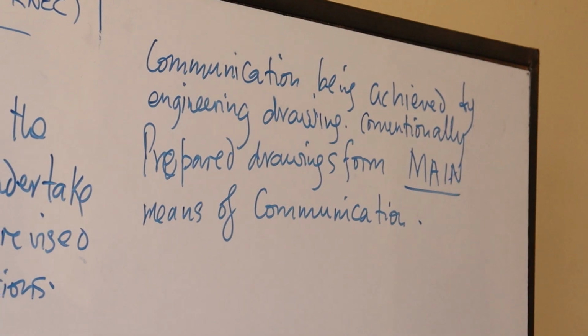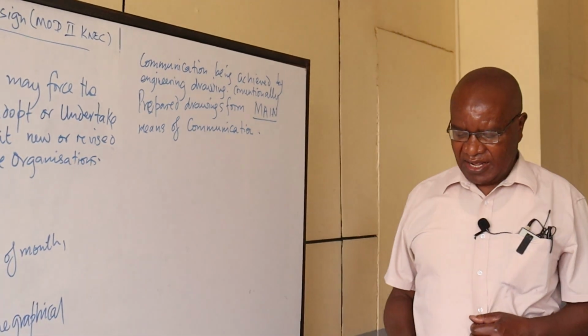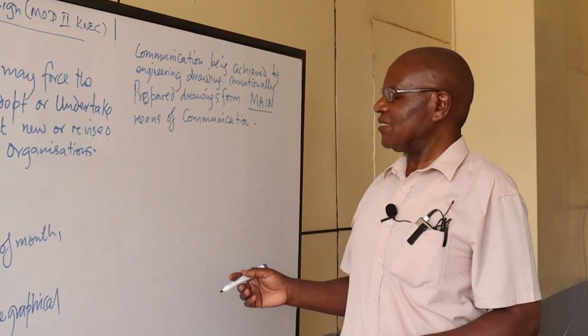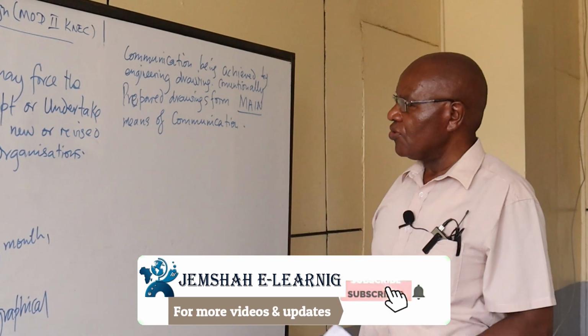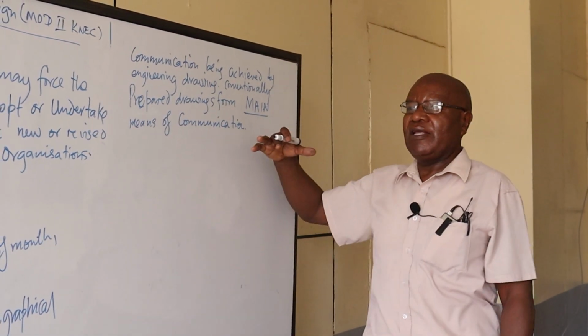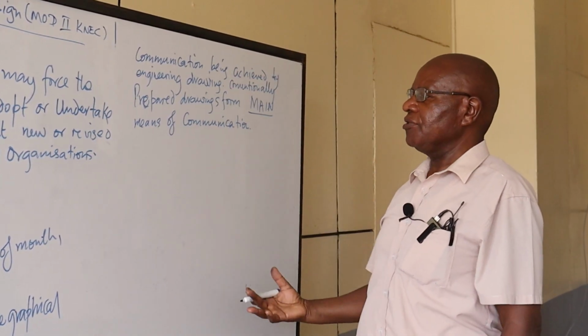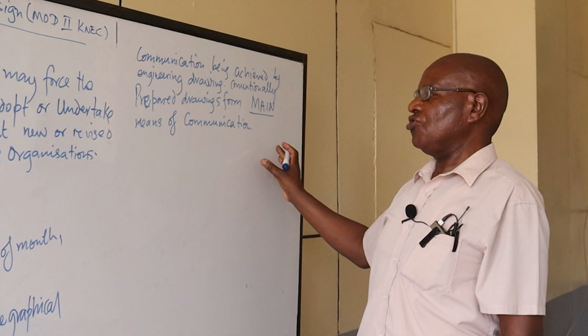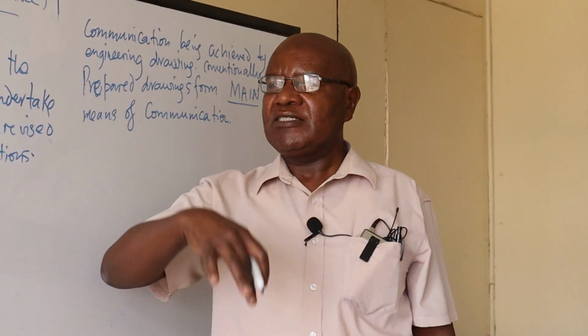Now, for the communications to be effective, everyone concerned must be able to interpret the drawings in the same way. That means if a drawing is made here in Kenya, if we send it to South Africa, the guy reading and interpreting the drawing should arrive at the same conclusion as if the drawing was sent to Brazil and the fellow there reads the drawing.